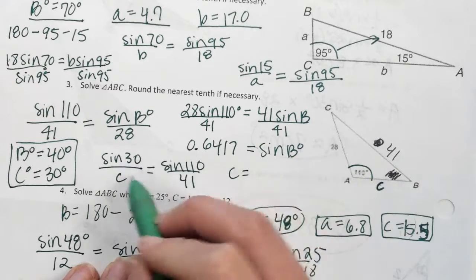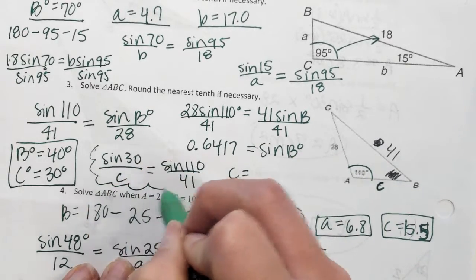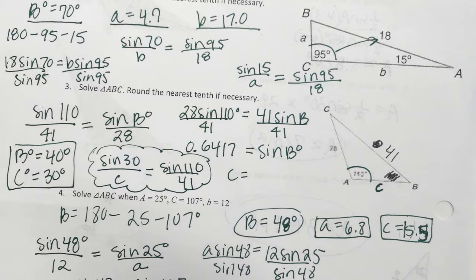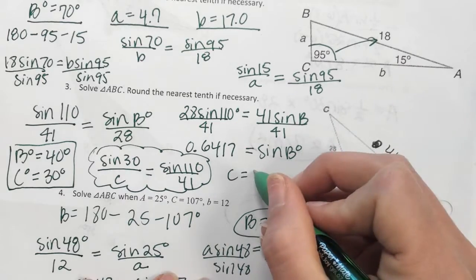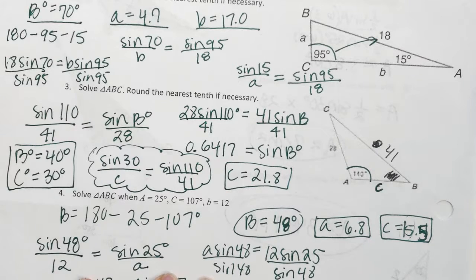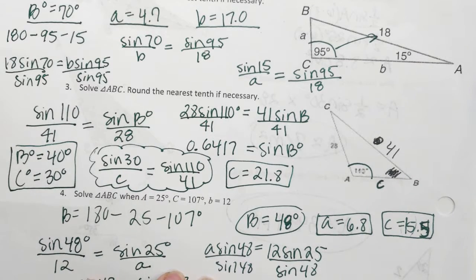Go ahead and solve for C on your own using this right here, and tell me what you got, rounded to the nearest tenth. Very good. Did everybody get 21.8? Alright, that is law of sines.